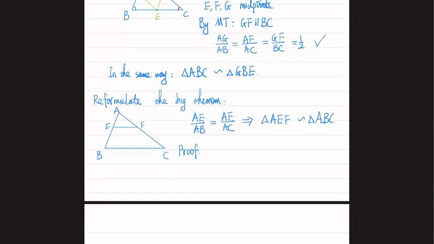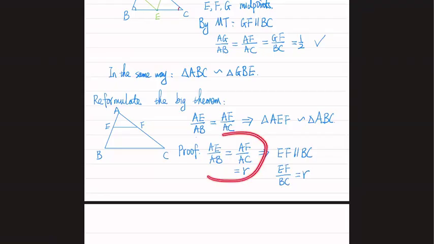So by the theorem, if this is R, the ratio is R. Now put them together.